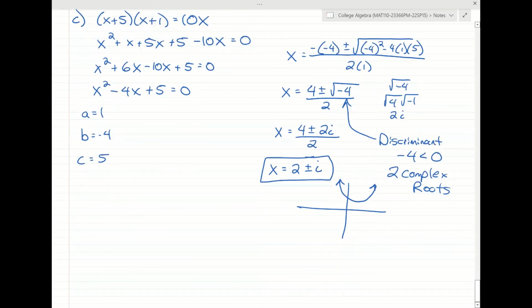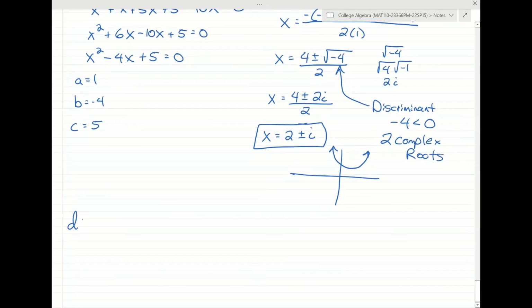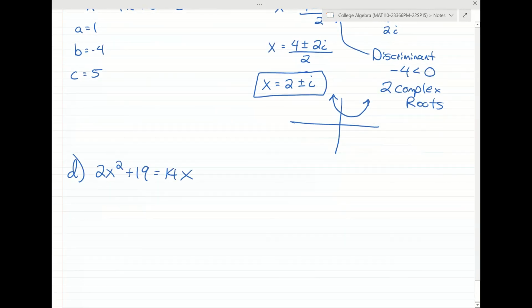We'll do one more problem. And what if we had 2x squared plus 19 is equal to 14x? First step is let's go ahead and make it equal to 0. So 2x squared minus 14x plus 19 is equal to 0.